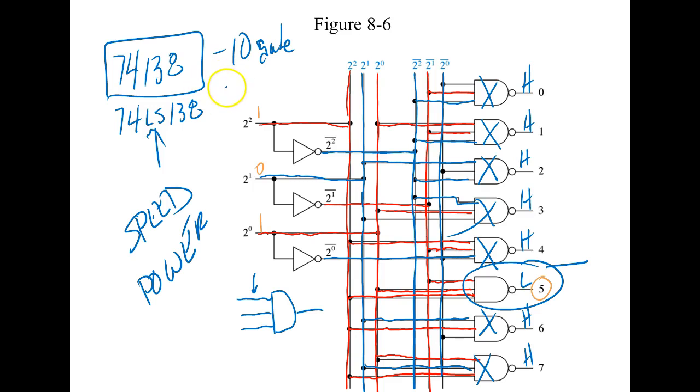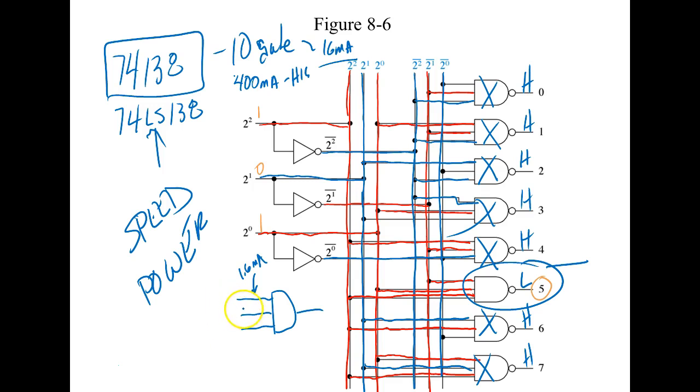This output of this gate here can output about 400 for a high. It can output about 16 milliamps for a low. So if this guy right here takes 1.6 milliamps to create a low, this guy provides 16 milliamps. That means this guy could drive 10 inputs.